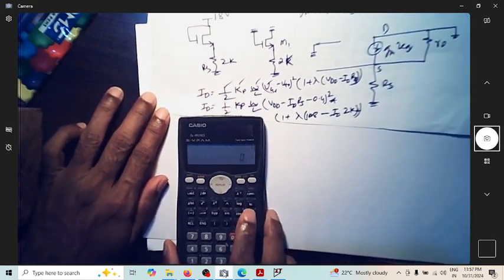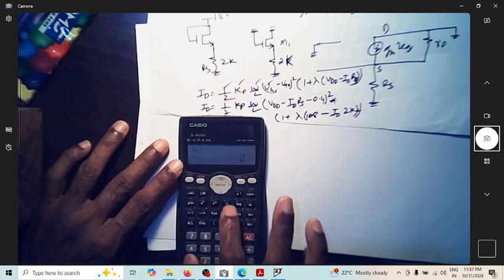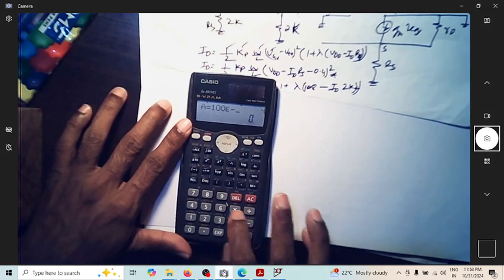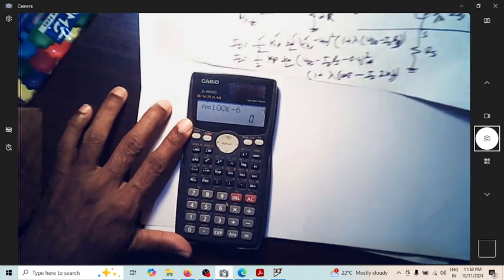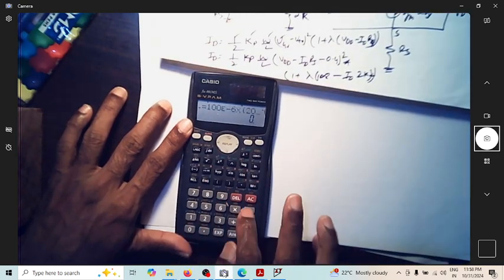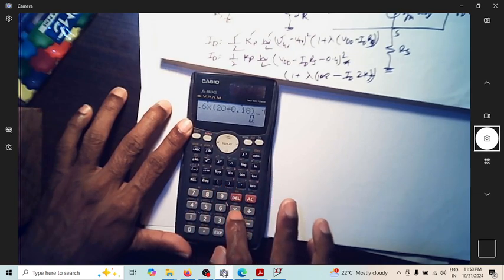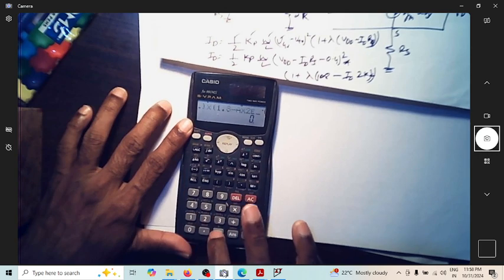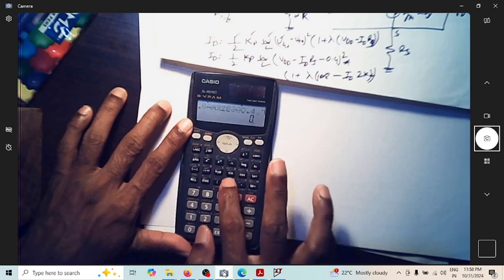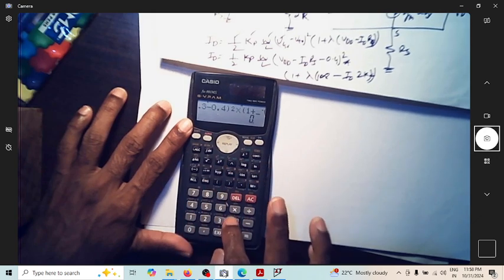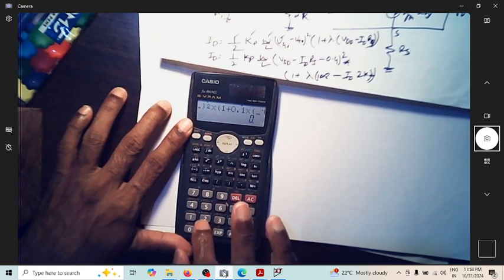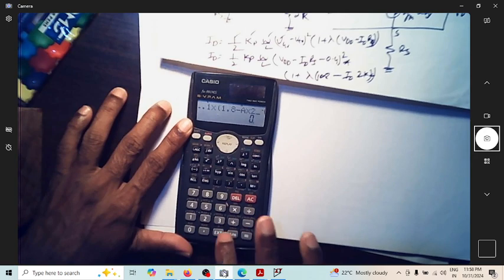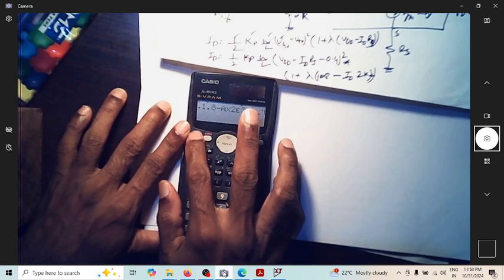Alpha A, alpha equals 100 exponential minus 6 into 20 divided by 0.18, multiplied by 1.8 minus alpha A into 2 exponential 3, minus 0.4 whole square, multiplied by 1 plus 0.1 into, open the parenthesis, 1.8 minus alpha A into 2 exponential 3, close, shift cal.